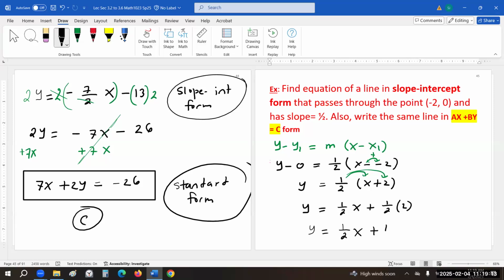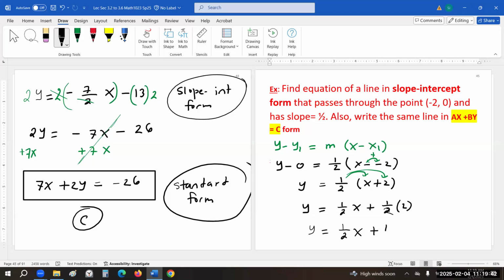Maimuna, next step. Go ahead. So 1/2 times x is 1/2 x, and 1/2 times 2 is half of 1/2. I'm talking about the second part.